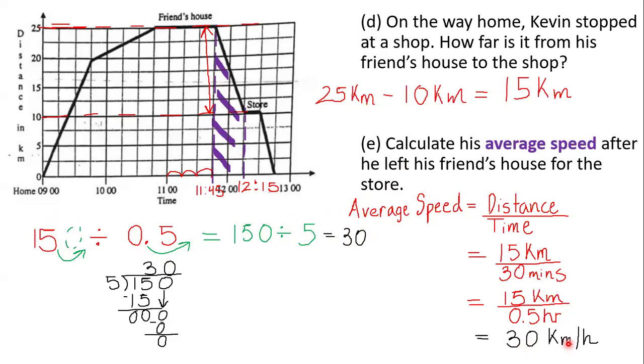Any questions? Mr. Petit, did you give us something on how you say half an hour is 0.5? I didn't know half an hour is 0.5. That's a good question.